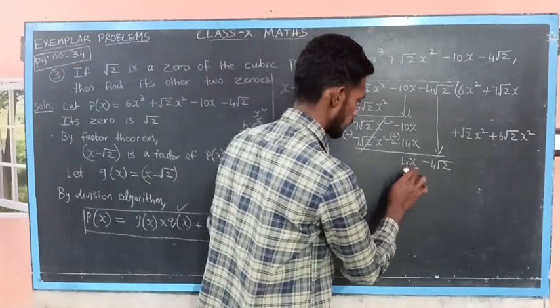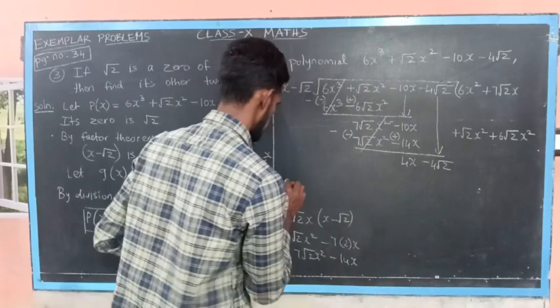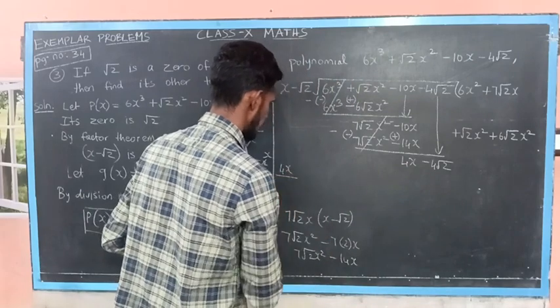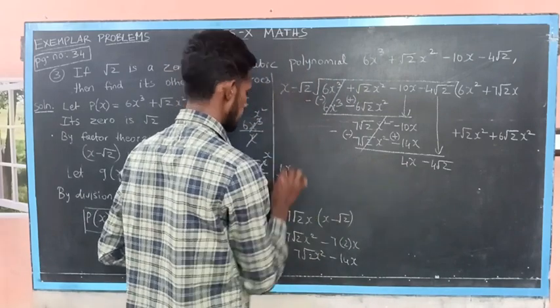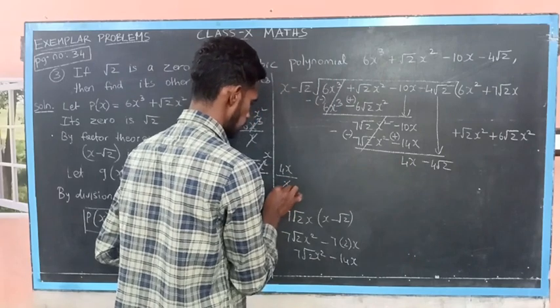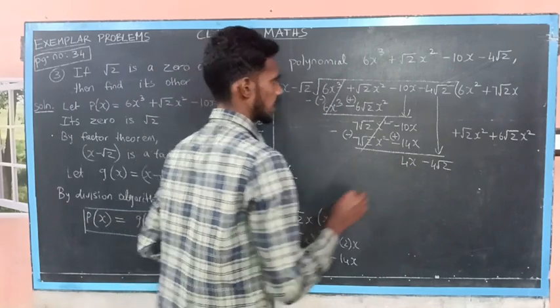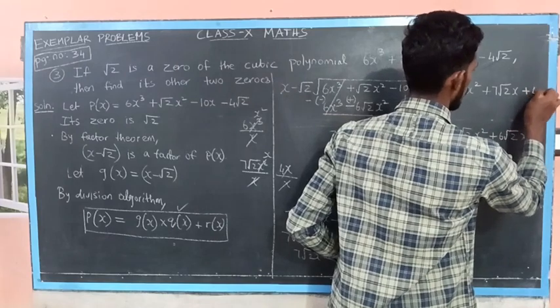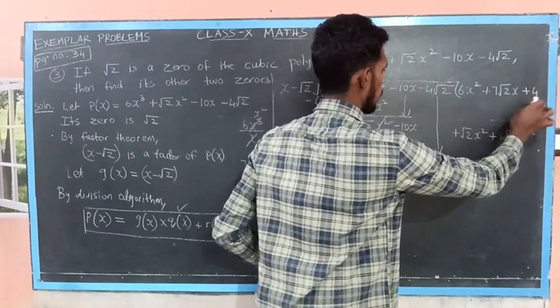Take the first term, 4x. 4x is divided by the first term in the divisor, that is x. So x and x cancel, remaining 4. So plus 4 is the quotient.